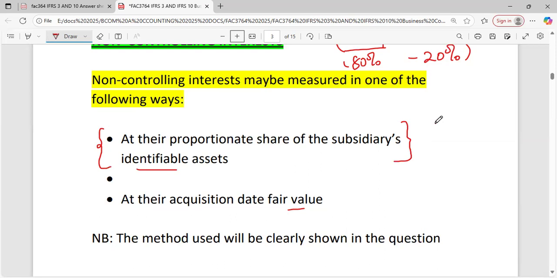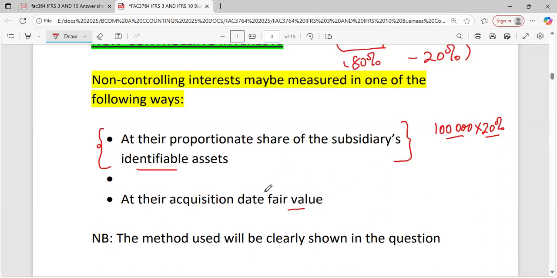For example, if you get all the assets for the subsidiary, they are 100,000, and non-controlling interest is 20%. So this is going to be your NCI measured at the proportionate share of the subsidiary's identifiable assets. So it's going to be 20% of the value of the shares.